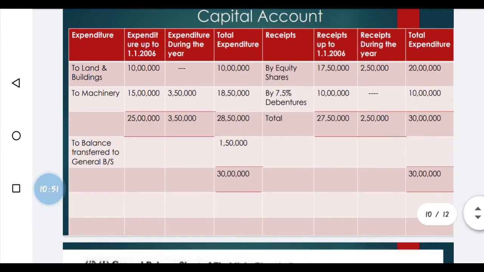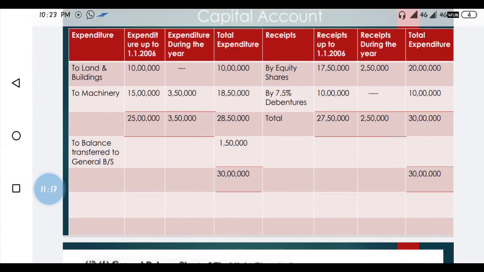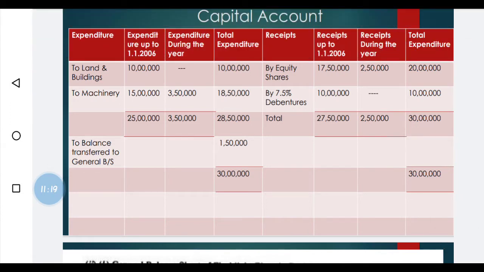See, first look at the columns. The first column is the expenditure column, capital expenditure. The second column is expenditure up to 2006, that is up to the previous year, expenditure during the year, and total expenditure you have to take. On the receipt side you have to write receipts up to 2006, receipts during the year, and total receipts.